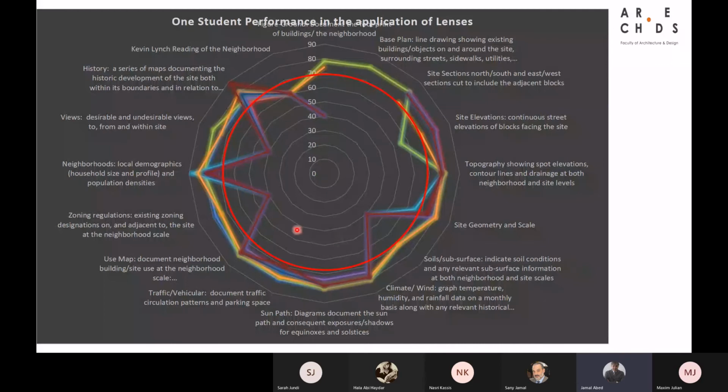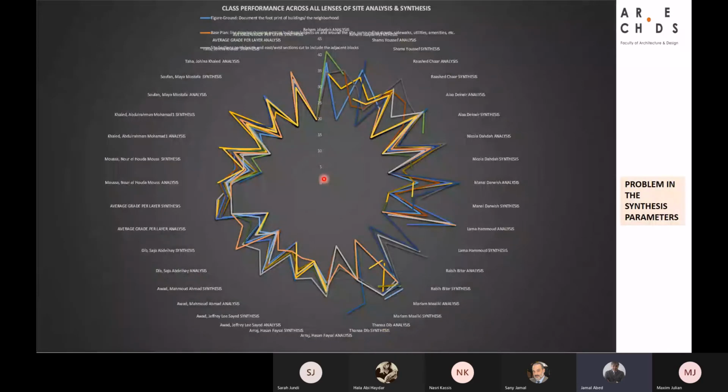What you see here in terms of troughs, those troughs when it comes to the synthesis actually, and you realize that we were not successful in bringing in the students to think about it. And this is the performance of all lenses of site analysis and synthesis of the students.